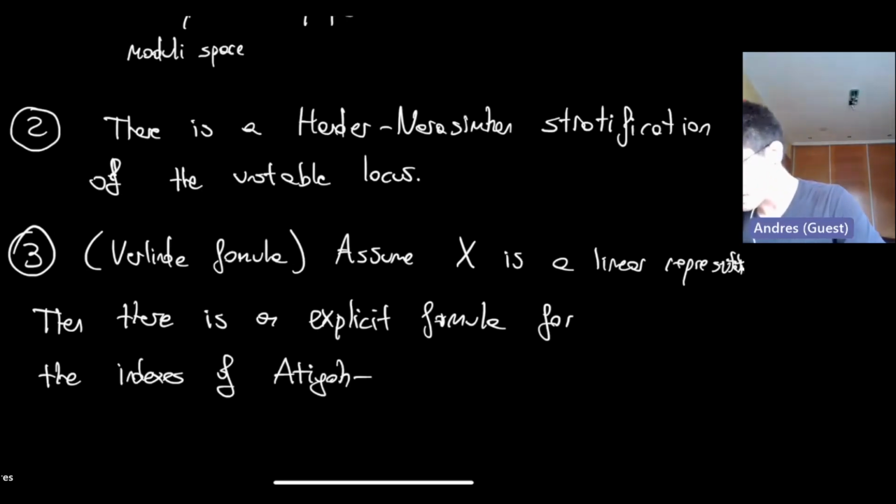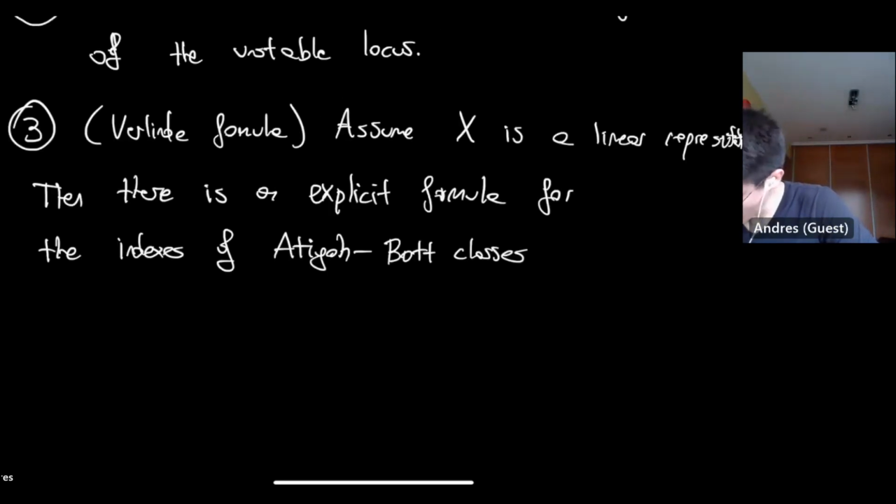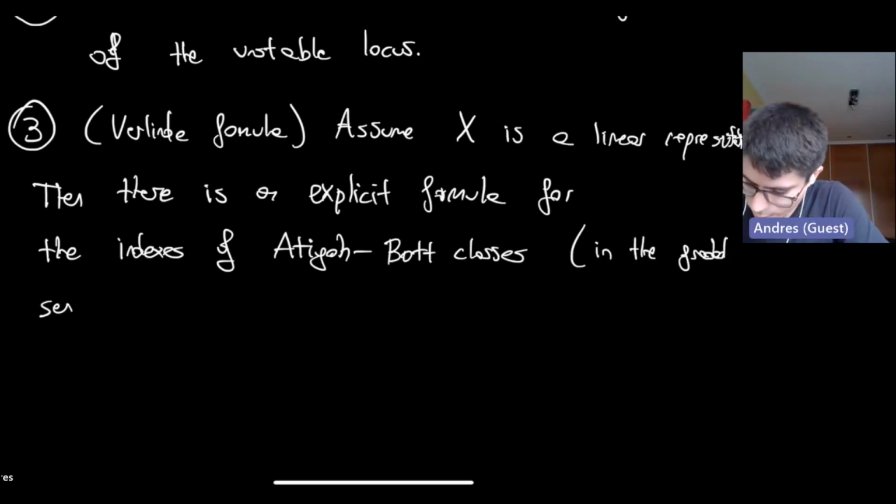They include the determinant line bundle among them. They are called Atiyah-Bott classes. This is in the graded sense. Okay, so I'm not going to try to put the formulas.